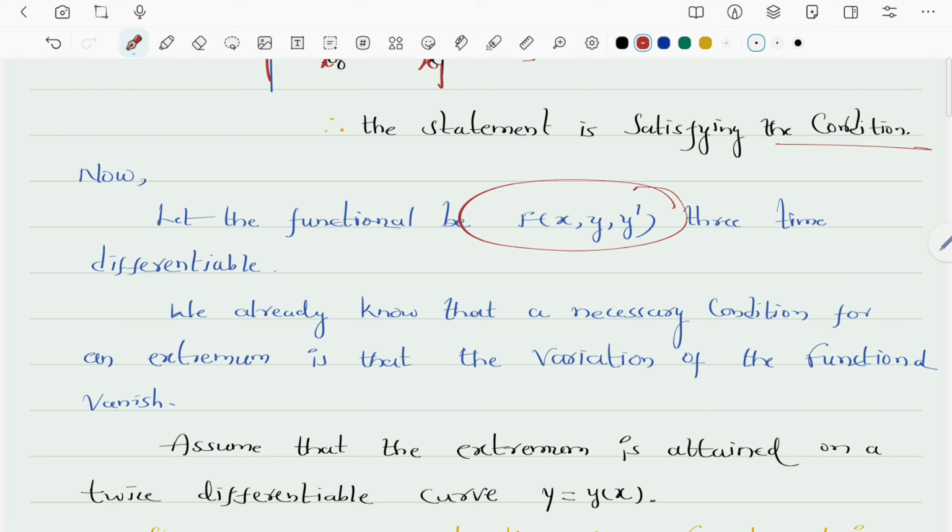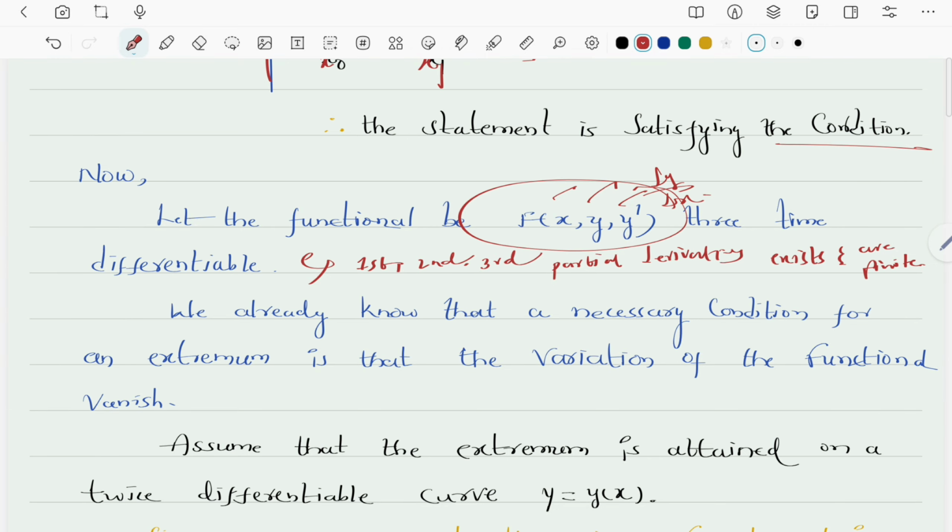What it means is that the function f of x comma y dash being 3 times differentiable means its first, second and third partial derivatives exist and are finite in its domain, allowing up to 3 levels of differentiation with respect to its variables, that is x, y, and y dash, where y dash is equal to dy by dx.